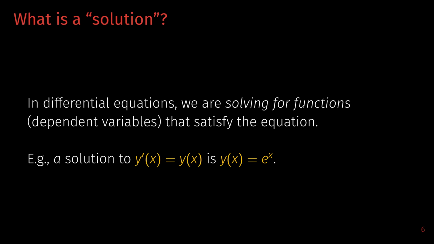If I now compare that with the right-hand side, which is the function itself, e to the x, I find that both sides are equal, meaning that e to the x satisfies this differential equation, meaning that y of x is equal to e to the x is a solution to this differential equation.